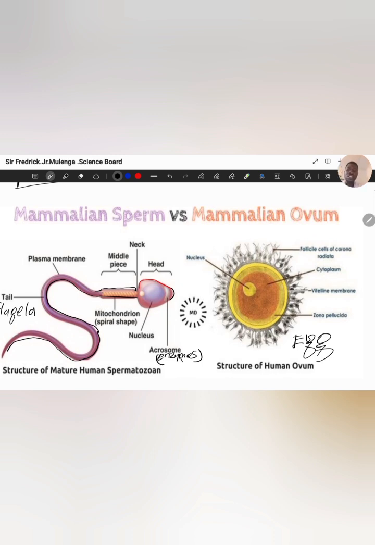Some books refer to it as flagella. So what is the purpose of this tail? This tail continues wagging, helping the sperm cell to swim. So this is how it moves.